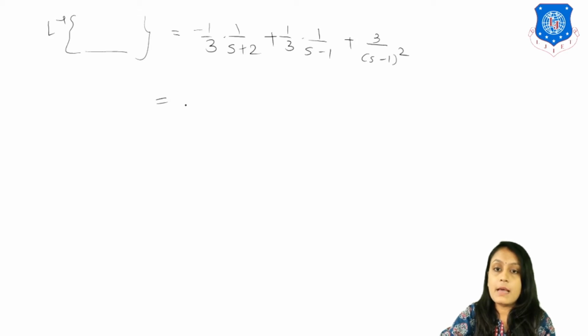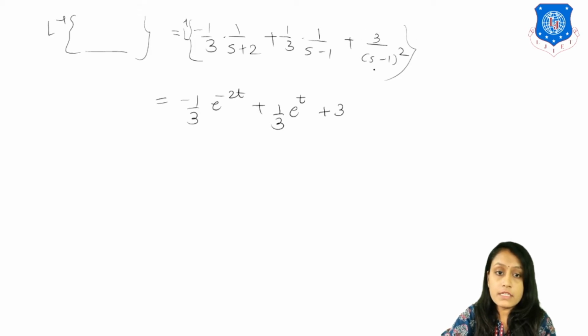We have to just substitute the answer of A, B and C. Now we have to find the Laplace inverse. So Laplace inverse will be what? Now minus 1 upon 3, as it is, Laplace inverse of 1 upon s plus 2 is e raised to minus 2t. Plus 1 upon 3, as it is, Laplace inverse of 1 upon s minus 1 is e raised to t. Now 3 as it is. Now to solve this, we have to apply the first shifting theorem.